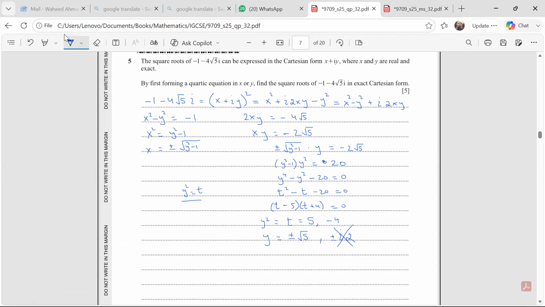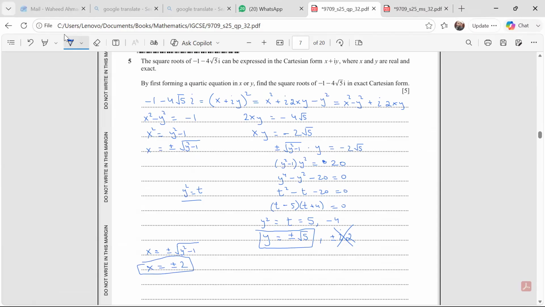Using the other equation, x is equal to plus minus under the root y squared minus 1. When y squared is 5, 5 minus 1 is 4, and the root of 4 is 2. So the answer is plus minus 2. So we have this value for y and this value for x.